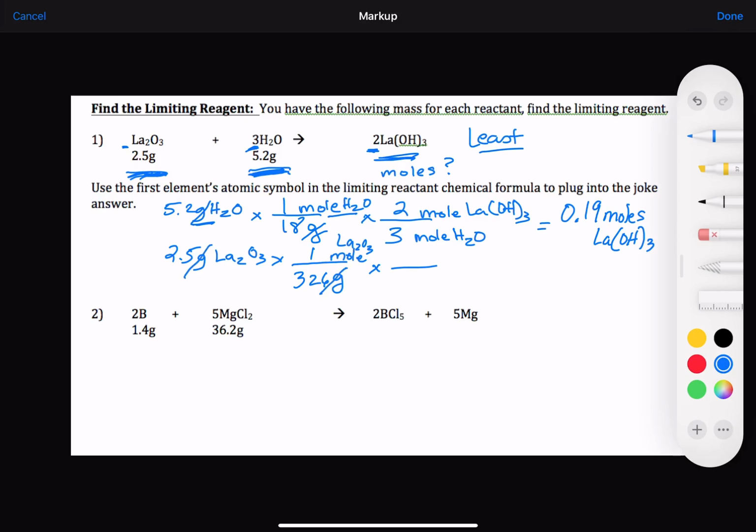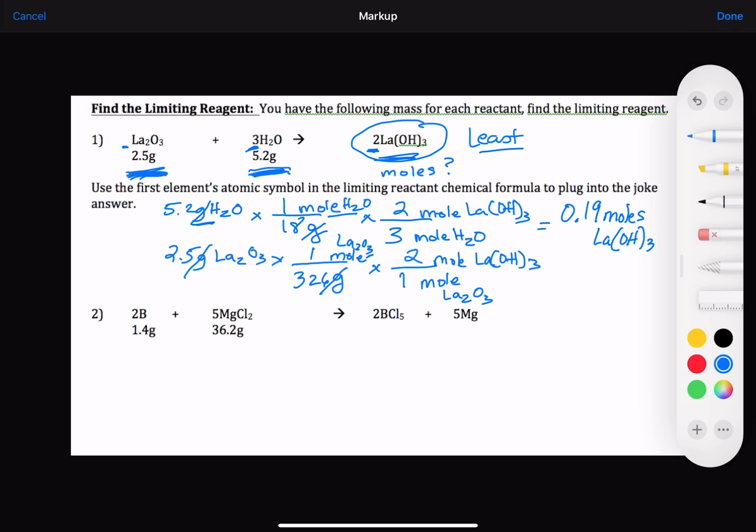Now we have moles. So that's when we can go from moles of lanthanum oxide up here to moles of lanthanum hydroxide. That's when we use the mole ratio. So remember, you put lanthanum oxide on the bottom because it's on top right here, and then lanthanum hydroxide right here.